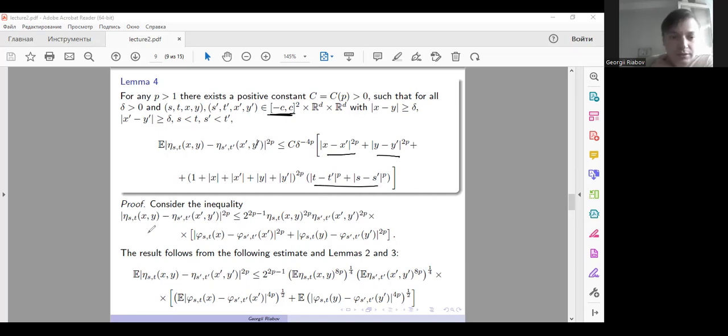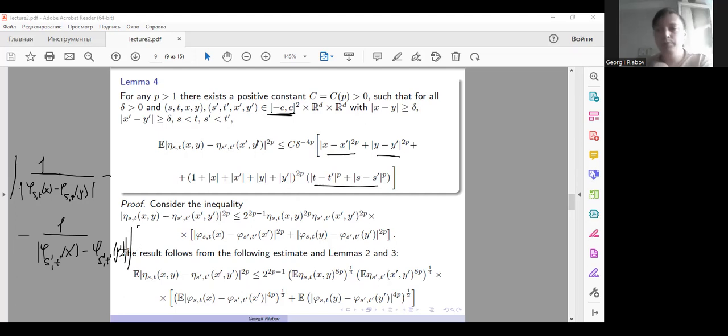To do this, let's rewrite the increment of eta in the following way. The increment of eta is 1 over the absolute value of phi_st(x) minus phi_st(y), minus 1 over the absolute value of phi_s't'(x') minus phi_s't'(y'), everything in the power 2p.